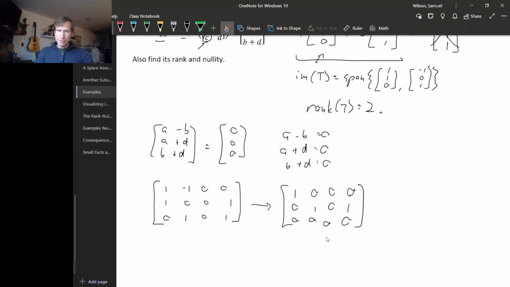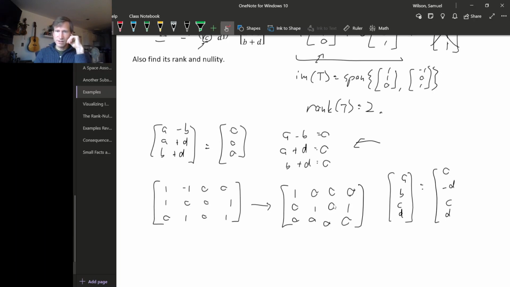So this tells us we can parameterize the solution set to this system of equations. We know that for a, b, c, and d, a has to be 0, b has to be -d, c can be anything. c doesn't show up at all, so c can be anything, and then d is free.